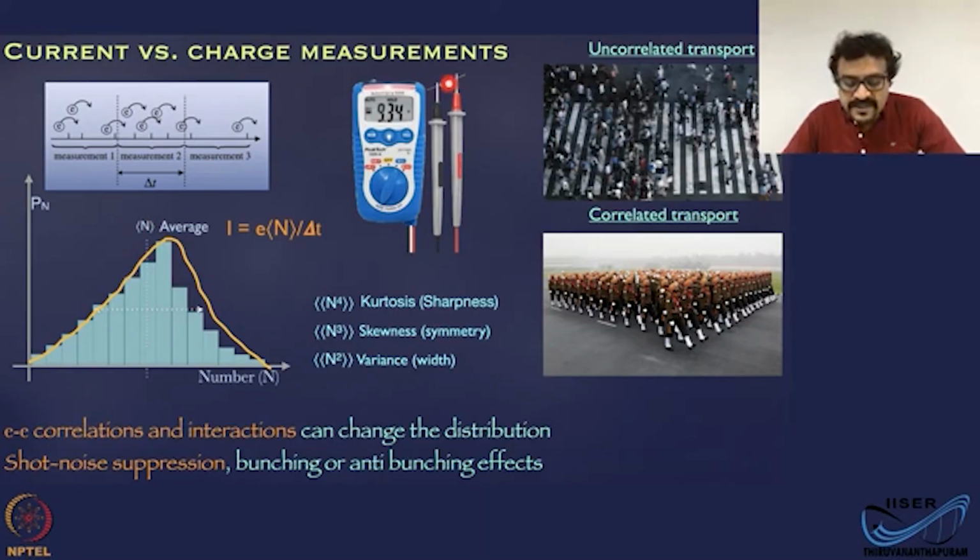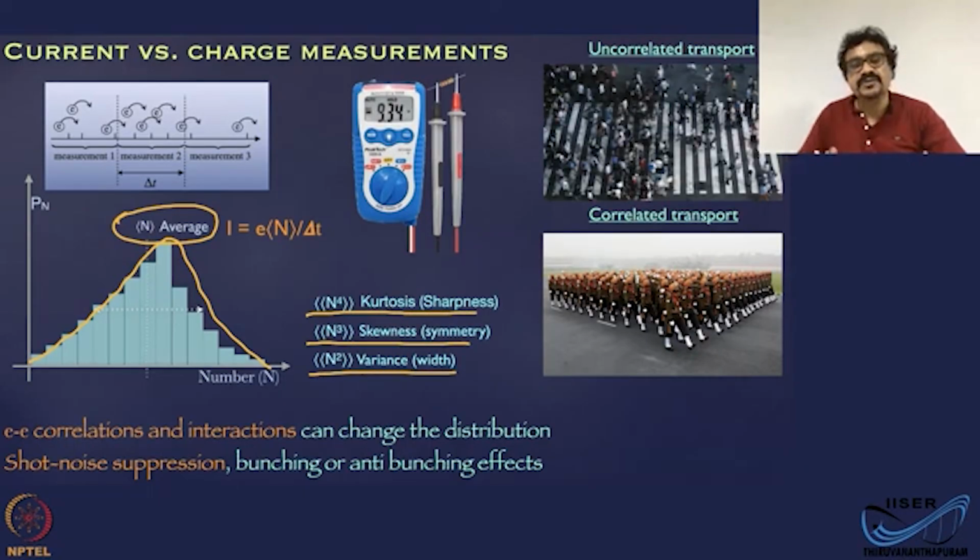But when you measure the current, what you are actually measuring is this average number. But since there is a distribution built into it, there are other relevant parameters such as the higher moments of this distribution, such as the variance, which is the width of the distribution, skewness, how symmetric the distribution is around the average number n, or kurtosis, how sharp this distribution is.